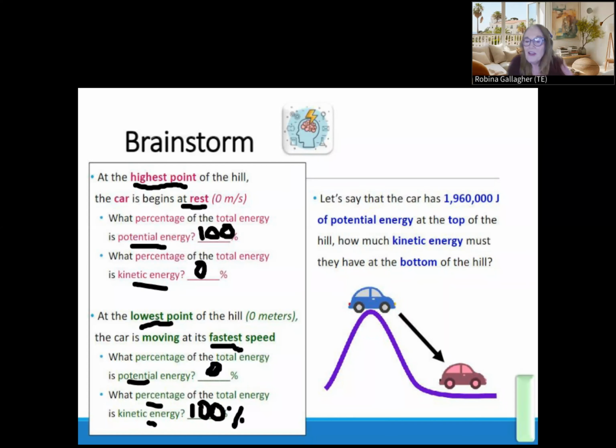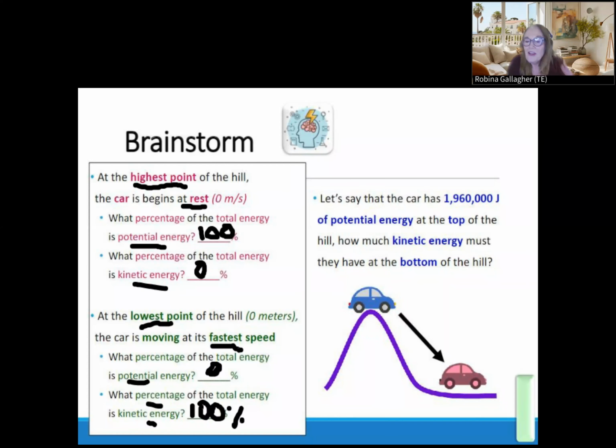How much is it going to have when it gets to the bottom of the hill? How much kinetic energy will it have at the bottom of the hill? Drop it in the chat box. Tell me, what do you think?